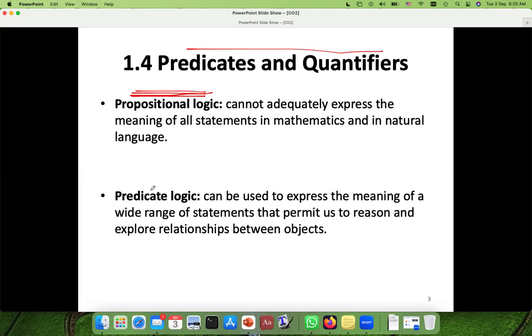Then comes predicate logic to cover up this deficiency. The things that you cannot cover in propositional logic, you can cover in predicate logic. Predicate logic is again something like propositional logic, but its level is a little bit advanced, and here you can express the meaning of sentences at a wider range.